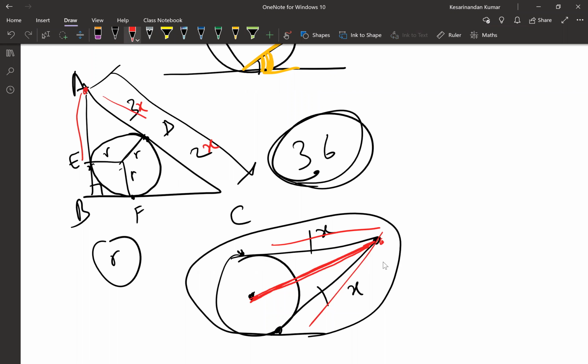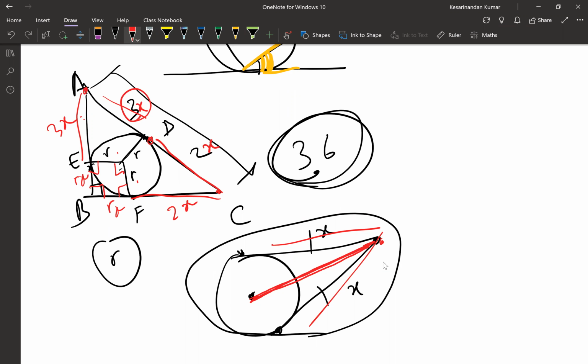If this is 2x till here, even this will be 2x. And since this is 90 degree, this is 90 degree, this is 90 degree, this is a square. So even this will be r and this will be r. Let's take it as rx and rx also, so that they remain in proportion.